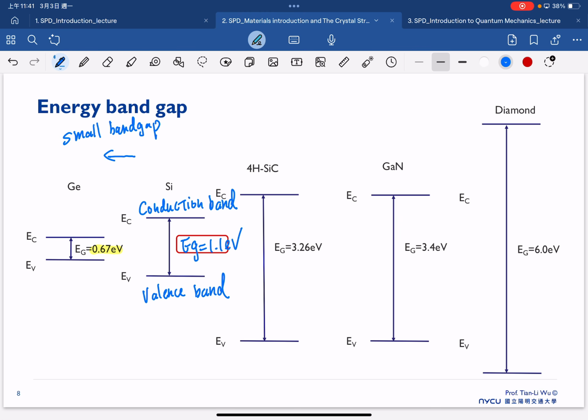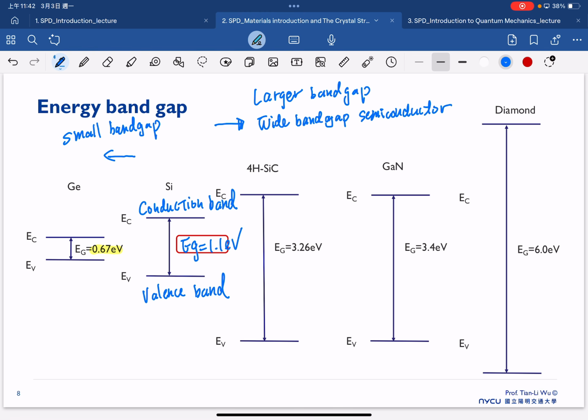But on the other hand, if you consider the material that has a larger band gap than silicon, all the material we consider, once their band gap value is larger than silicon, we consider this a larger band gap, or sometimes we call this a wide band gap semiconductor.